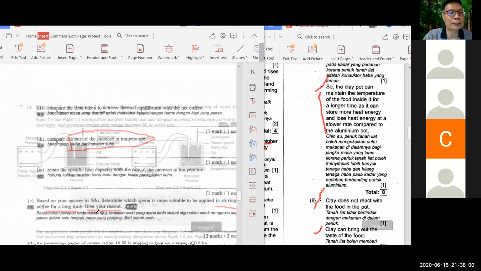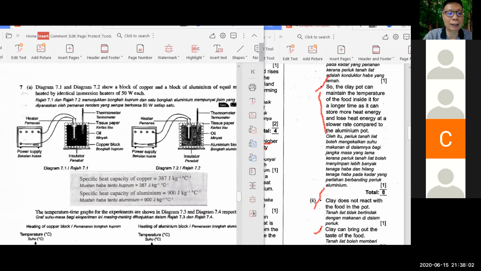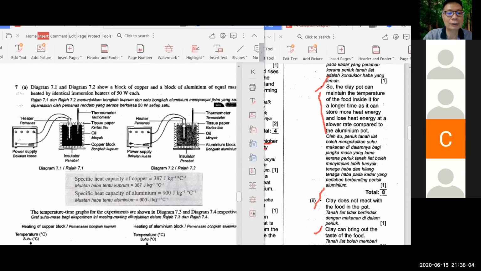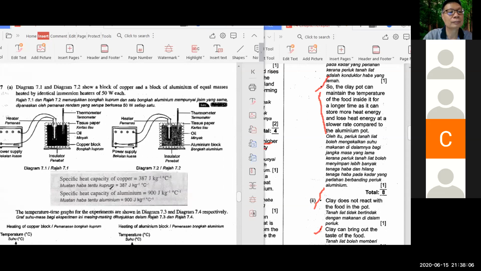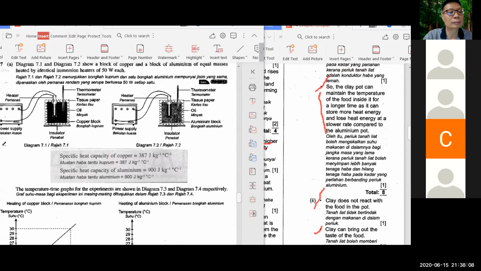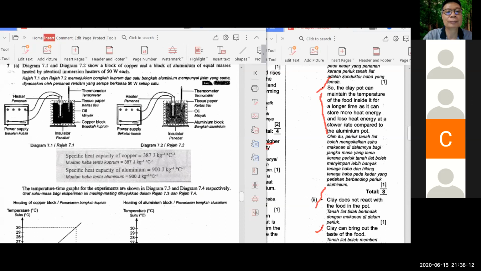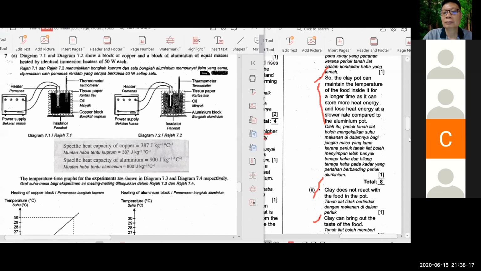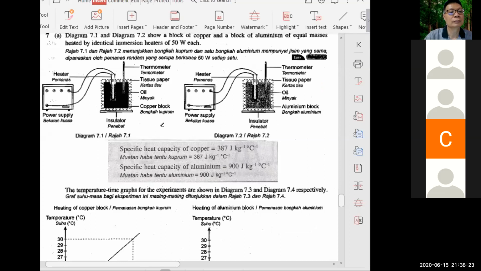Next one is question 7. Okay, read the question. Diagram 7.1, 7.2 shows blocks of copper.